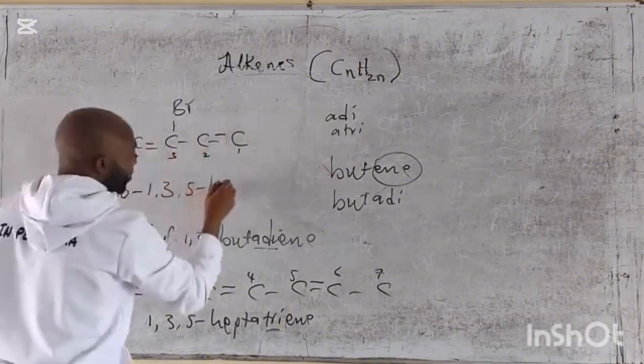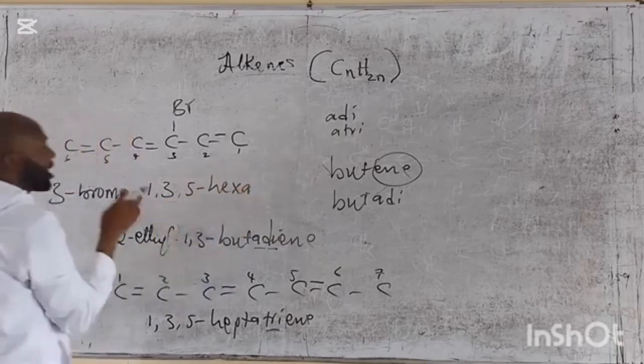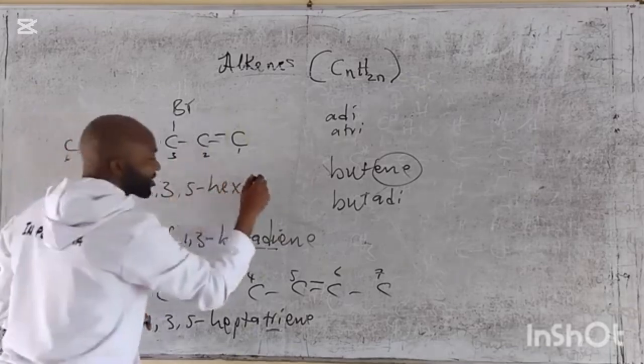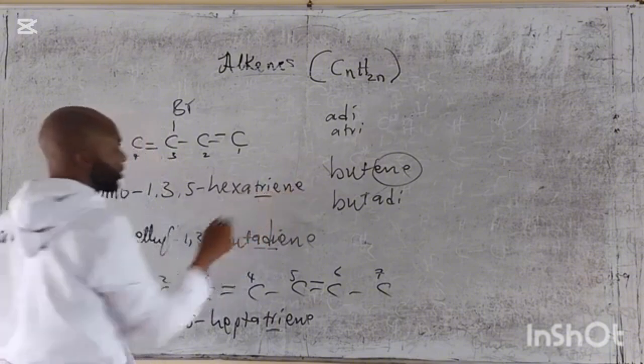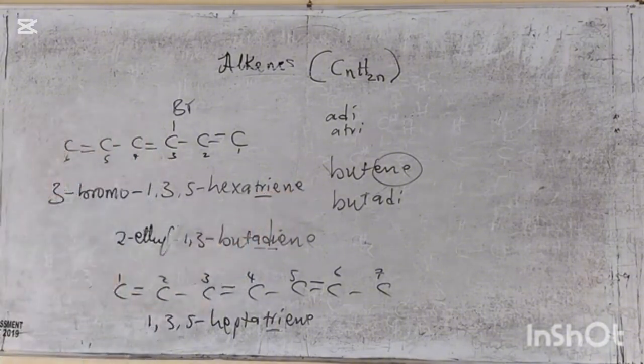Instead of hexane, it becomes hexa. Hexa, there are 3 double bonds. Triene. Are we following now? Good. So with that, we continue to move on. It becomes easier. Am I right? Yes.